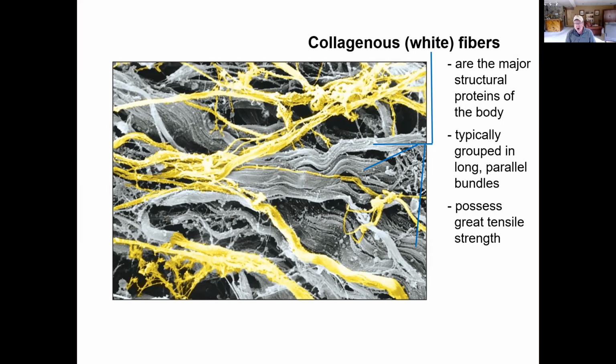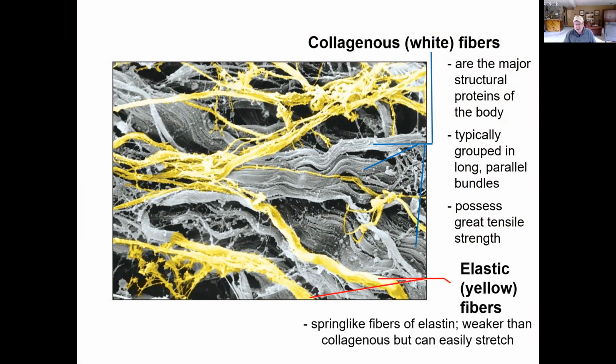These are those strong bundles of rebar, and you can see those here in gray. Very strong. And in yellow, we have the elastic fibers. Notice again, they're a little more randomly interwoven, not in those big, thick bundles like the gray fibers being shown here in the photograph. These are the rubber bands, if you will, that can stretch back and forth.